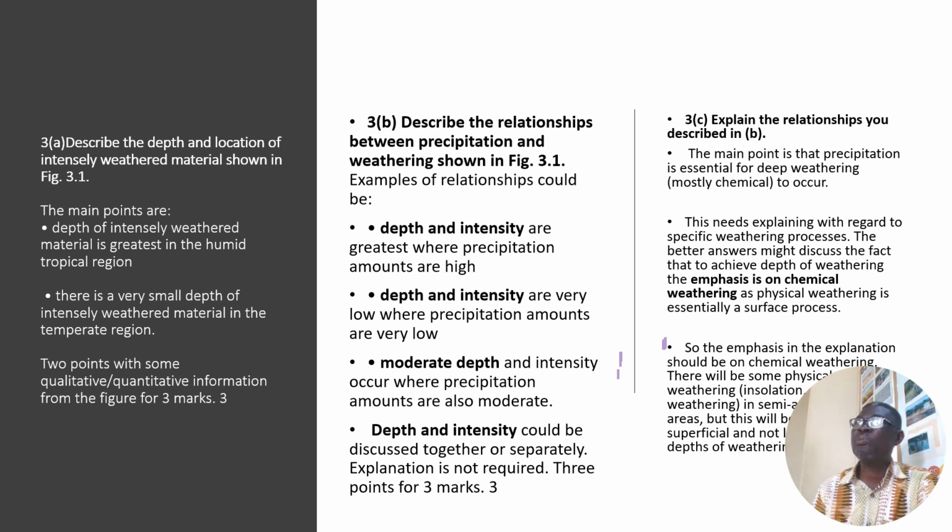But we can also make mention of physical ones, but that one is on the surface. It doesn't go deep. Are you getting the differences? If we talk on the physical processes, they are confined to the surface, freeze-thaw. But for chemical, it sinks deep into the bedrock. Have you seen the differences?